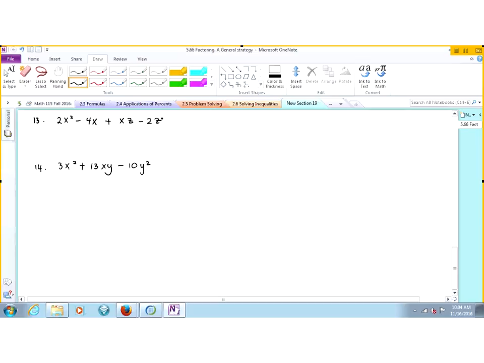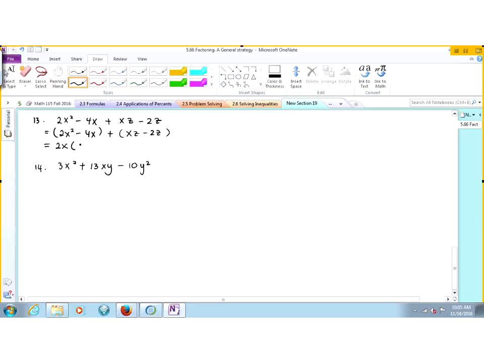Alright, so how do we do this? You have to group them, the first two and the last two. Okay, so 2x squared minus 4x plus xz minus 2z. Do I have a common factor here?